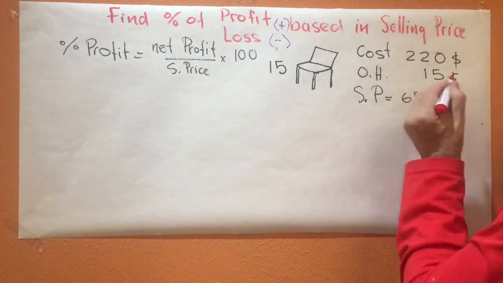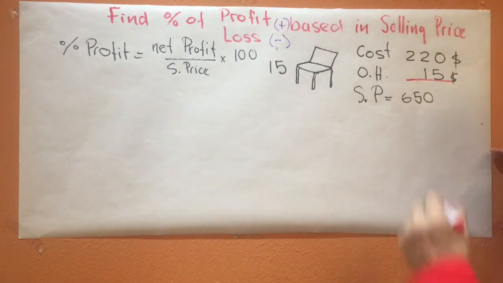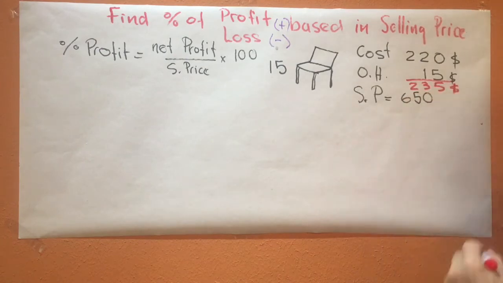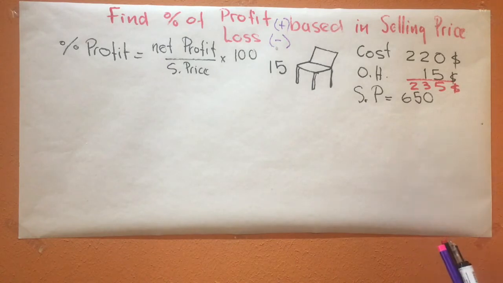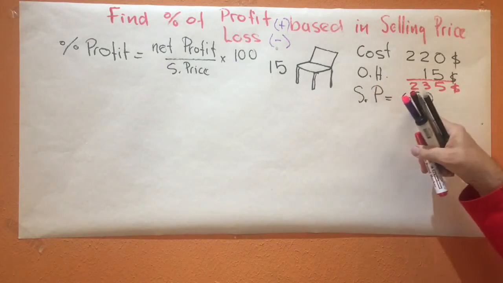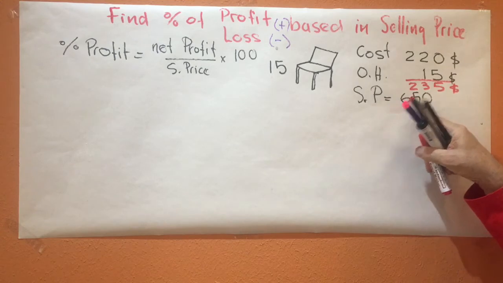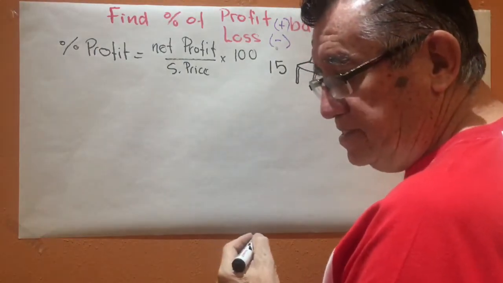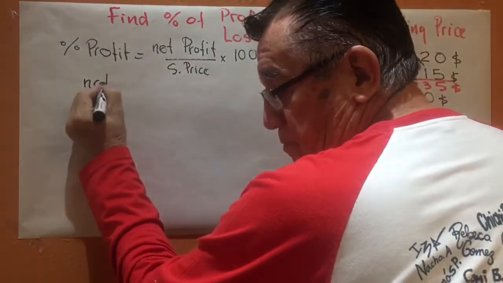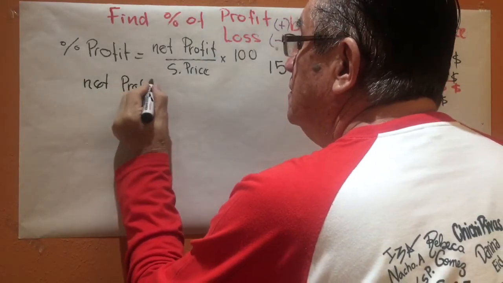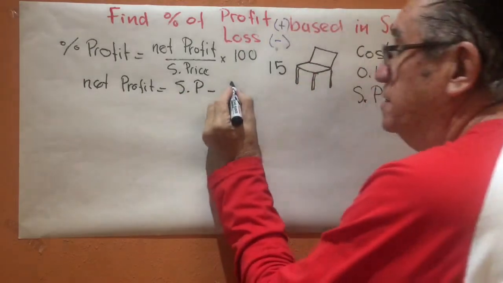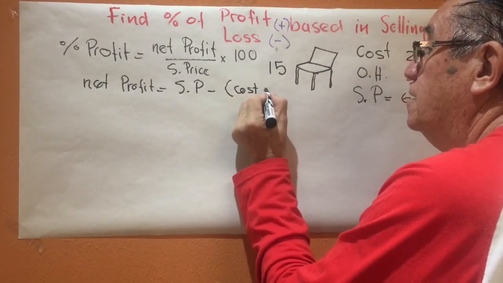So my cost and overhead is $235. Well, I sold these 15 chairs for $650. Was it a good business? Let's find out. My net profit is calculated by my selling price minus the cost and the overhead.